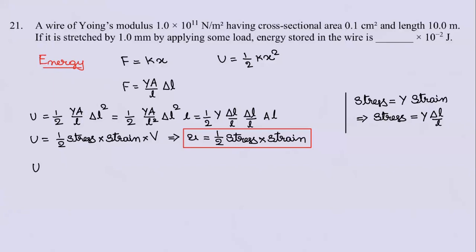So energy U is equal to half, Young's modulus Y is 1 into 10 power 11. Area is 0.1 centimeter square, so 10 power minus 5.